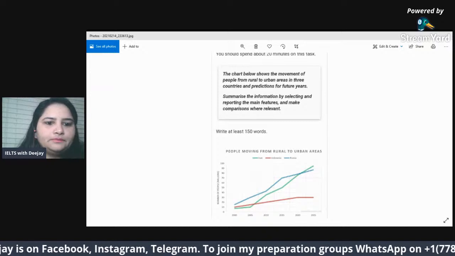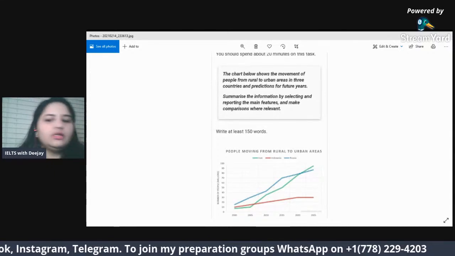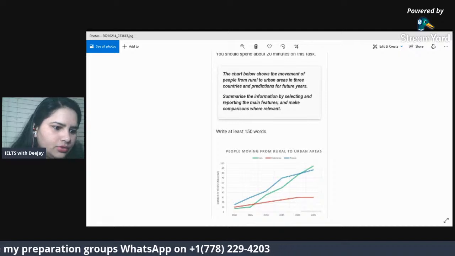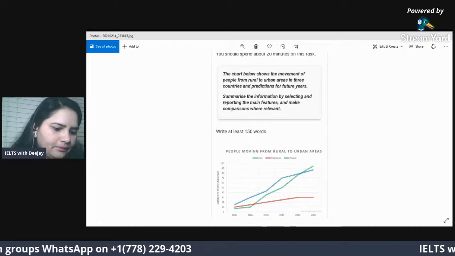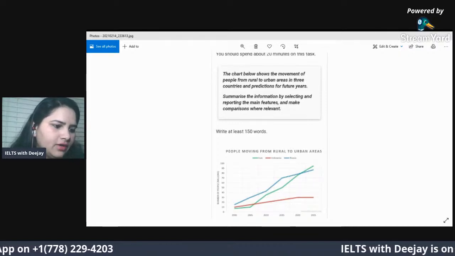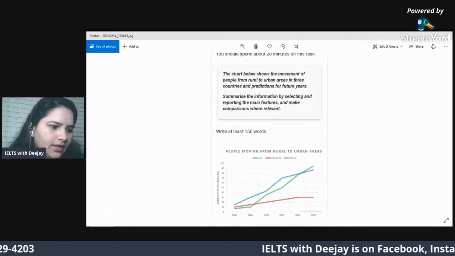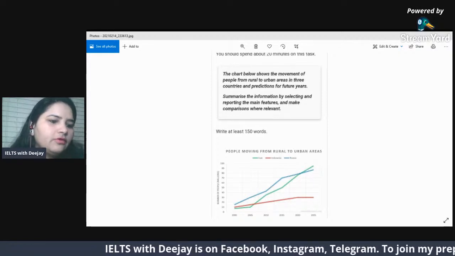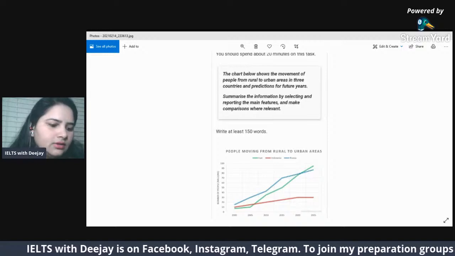Screen not clear. I'll do one thing, I'll share in the groups as well. In which group are you? You are there in the live class. I will share in the live class group so that you all can see. I have shared all of them. The first one which we are doing is the line graph.